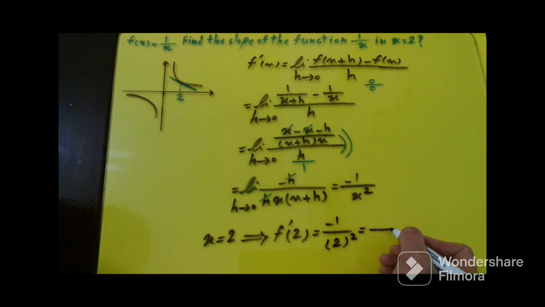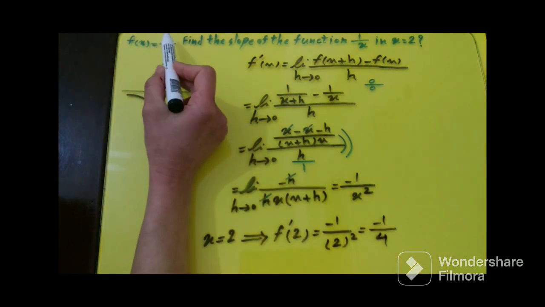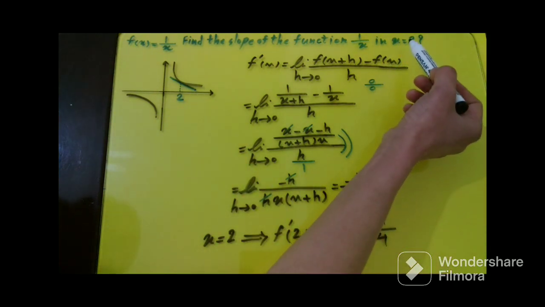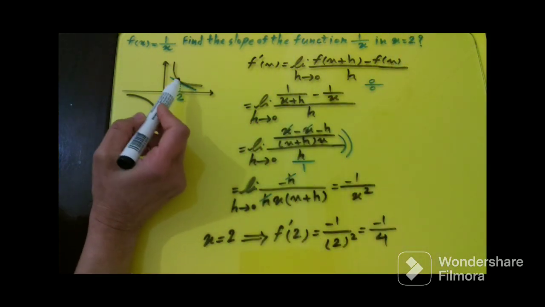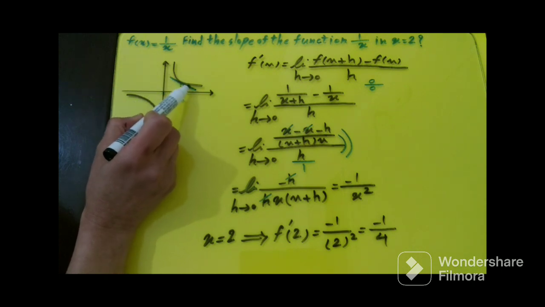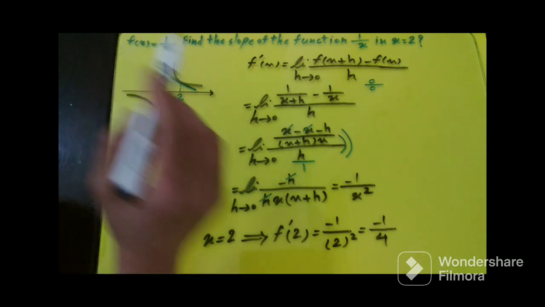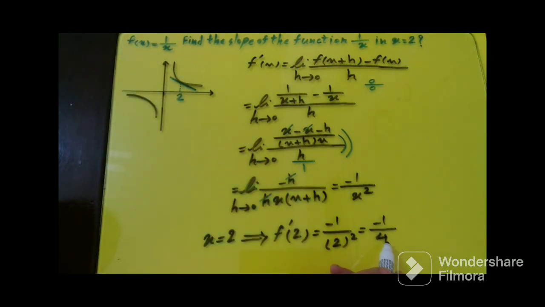It's -1 over 4. -1 over 4 is the slope of the function 1 over x at 2. So the slope of the tangent line at 2 for this function is -1 over 4.